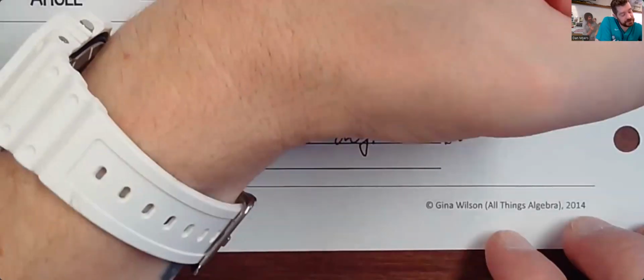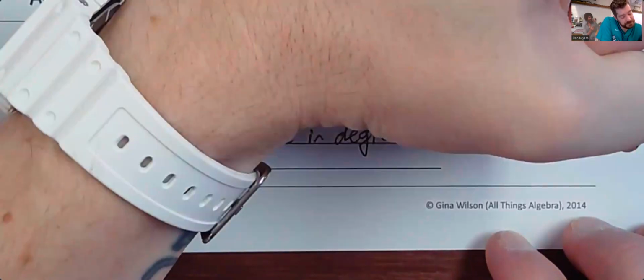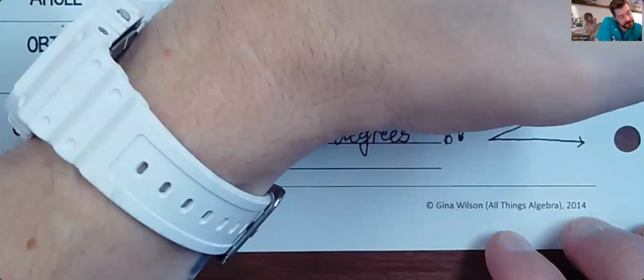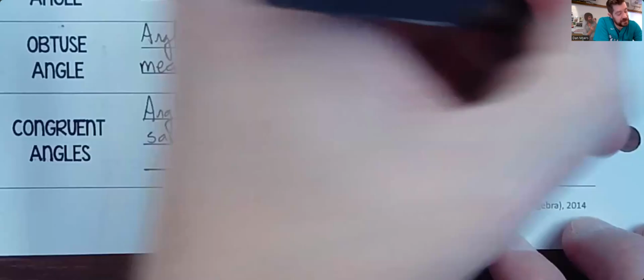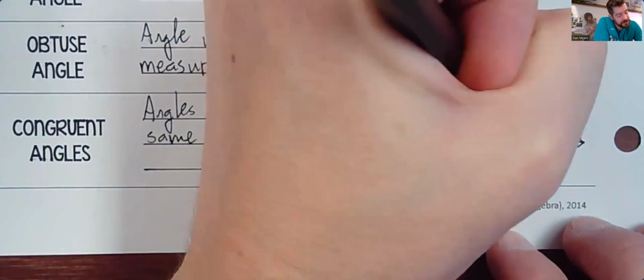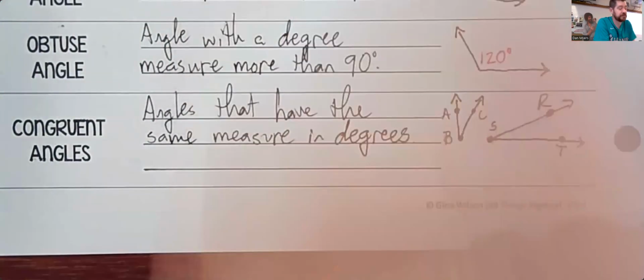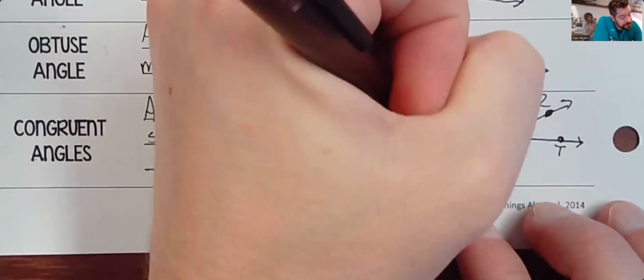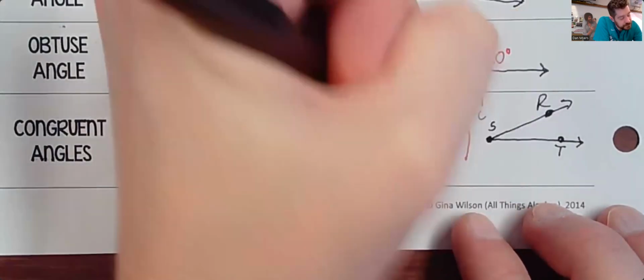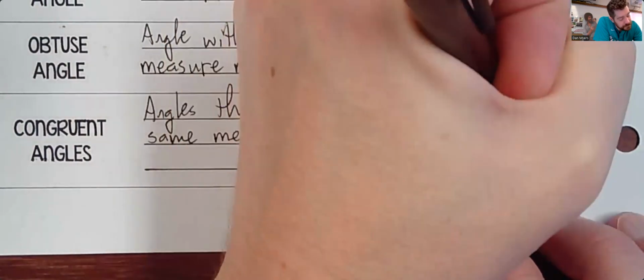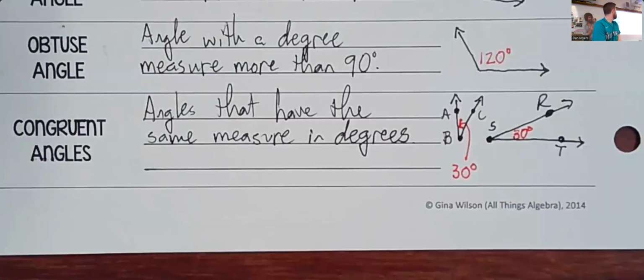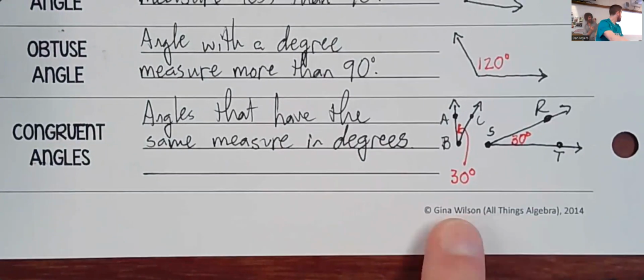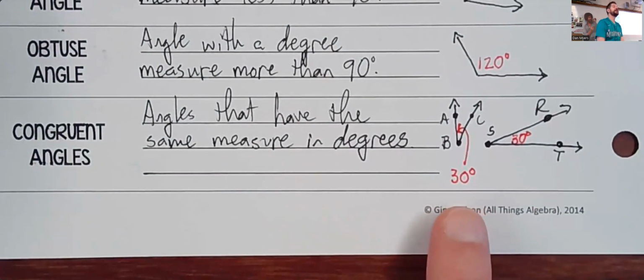And then this angle over here, let's go with RST. So the degrees of angle ABC, 30. I didn't have room to write 30, so I drew an arrow to it. That's RST.